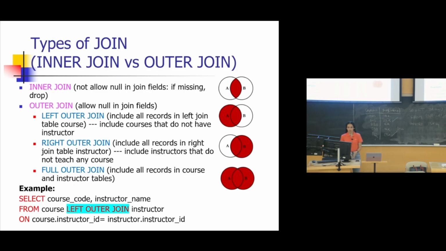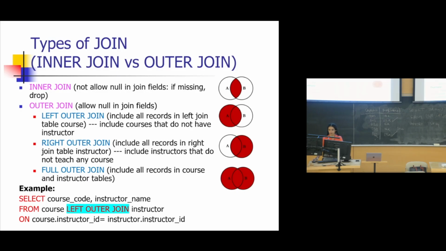Now, what does this left outer join mean? What does it return? I said it gets everything from the left table, which here is the course, right?